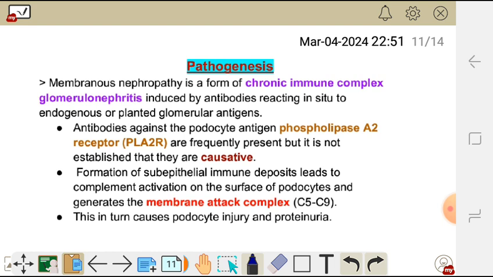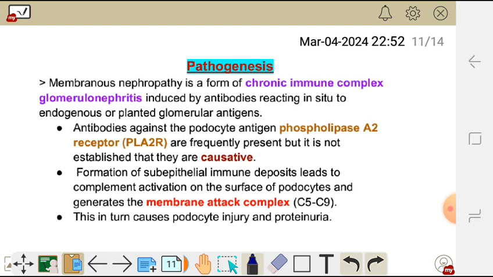So these antibodies are against what antigens in the podocytes? Okay, the antigen is the phospholipase A2 receptor. So the phospholipase A2 receptor, which is in the podocytes, reacts with the antibodies which are formed by our immune system.